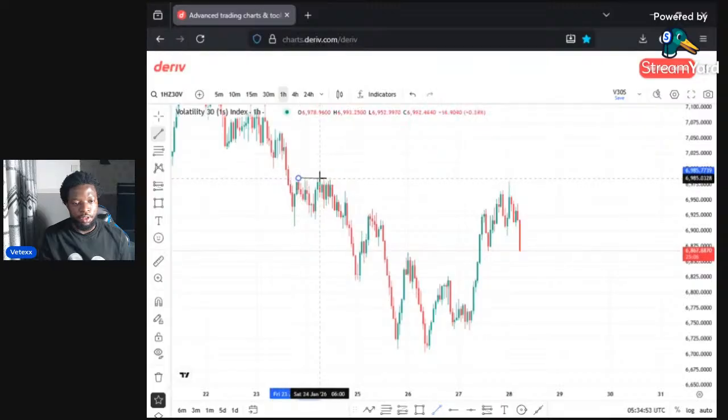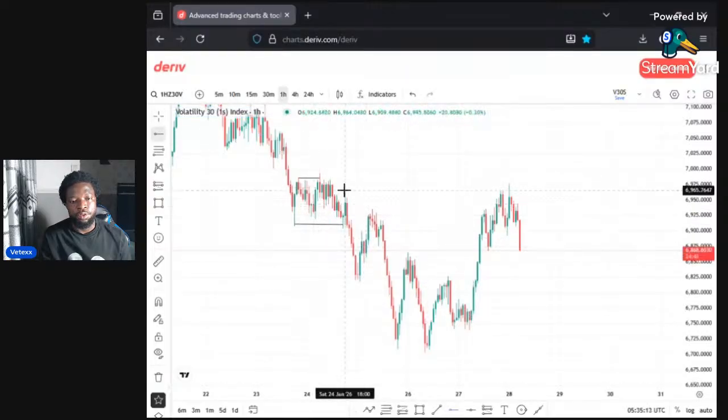We have been anticipating this sell for some time now, so price has tapped into our point of interest. Now we have our first break of structure, which is this. Price retraces 50% to give us our structural liquidity, which is this.